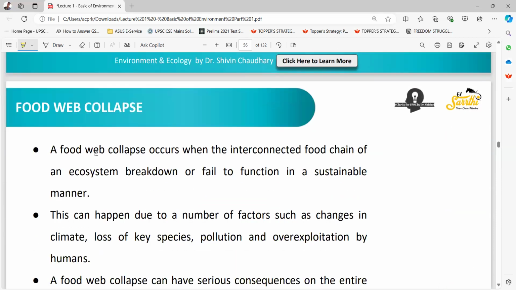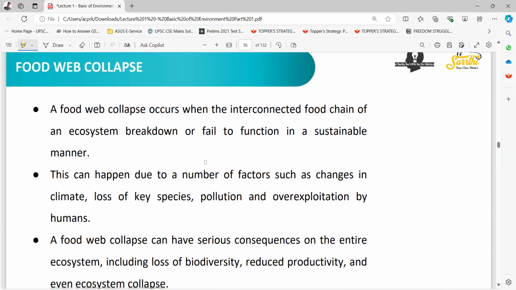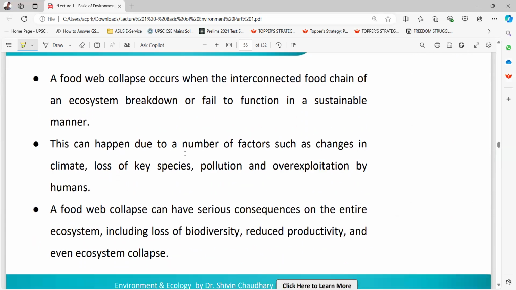Okay. Food web collapse. A food web collapse occurs when the interconnected food chains of an ecosystem break down or fail to function in a sustainable manner. This can happen due to a number of factors such as changes in the climate, loss of key species, pollution, and overexploitation by humans.